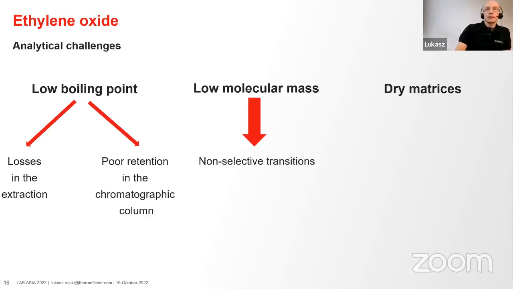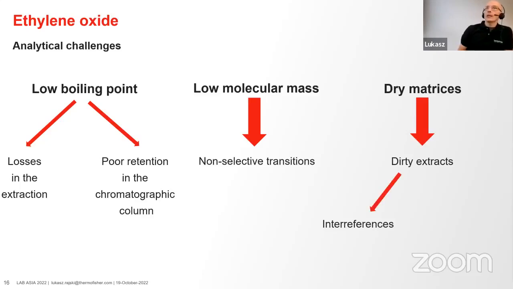Because I mentioned previously that ethylene oxide is used mainly to protect dry commodities. And you know that when we extract a dry matrix, the extract that we obtain is dirty. There is a huge amount of co-extracted substances. It means that we can expect some interferences.